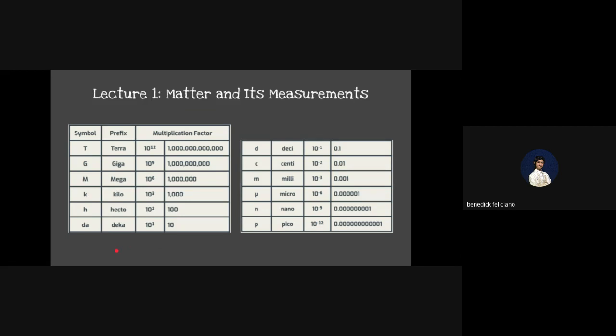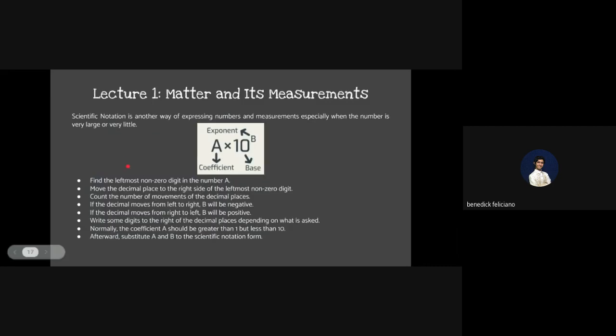So moving on, we will also be dealing with more mathematical concepts, like the prefixes. We will be tackling scientific notation and dimensional analysis. Scientific notation is a method of expressing numbers and measurements, especially when they are very large or very small.